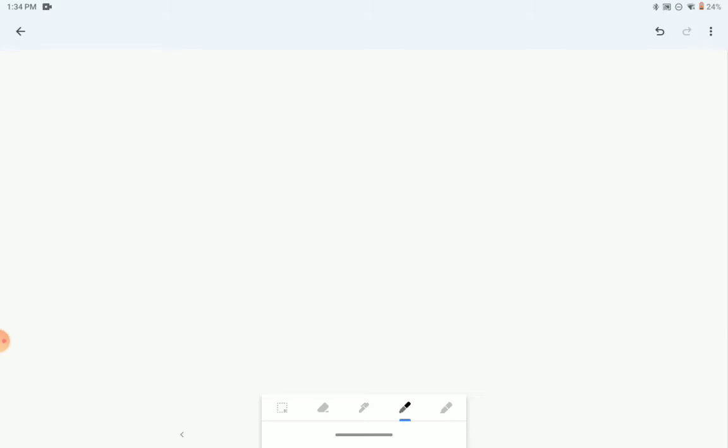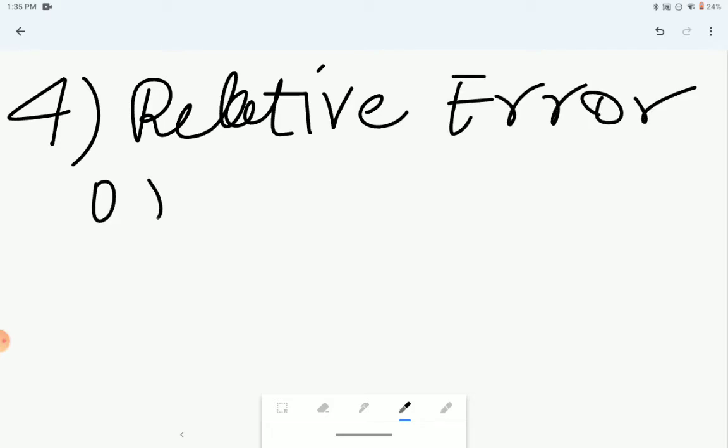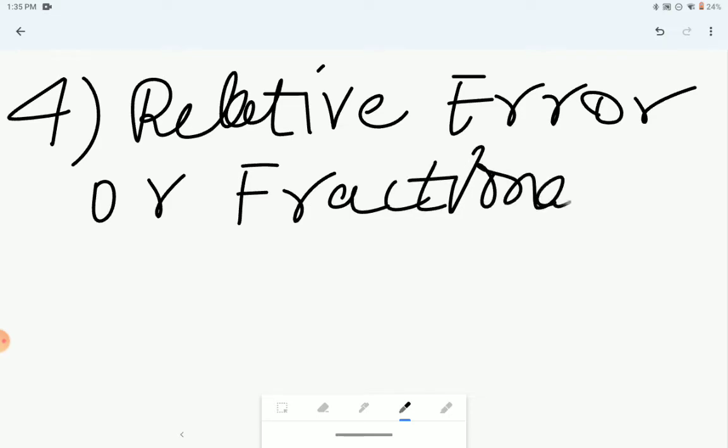Now we are learning another concept, which is relative error or fractional error.